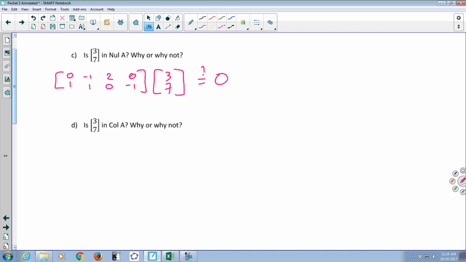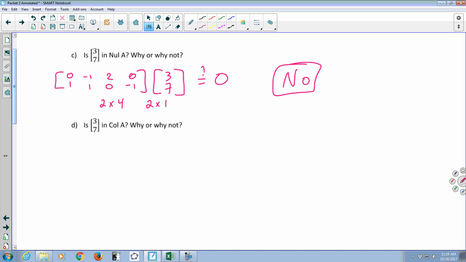Does that equal 0? Well, first, check. This is 2 by 4. This is 2 by 1. Am I allowed to multiply those together? No. So this is definitely no, right? Can't even multiply them, so I'm not even going to do the multiplication to check because it's impossible.